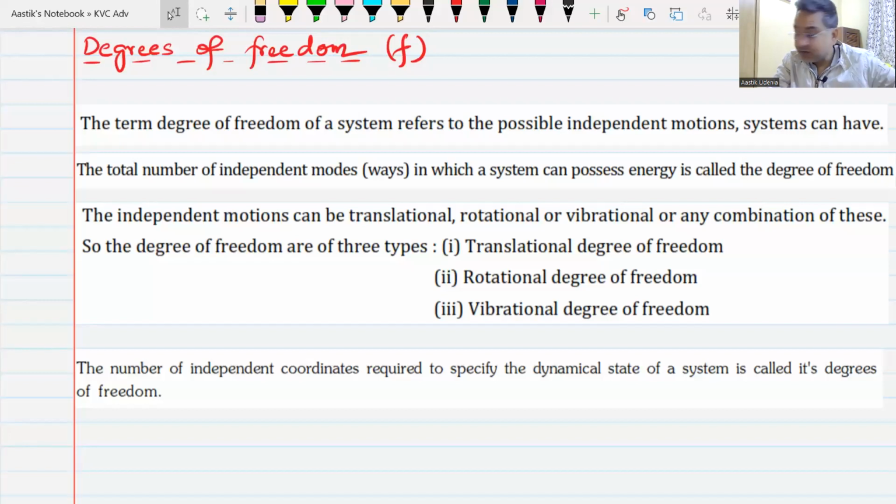For example, if a body is moving in a straight line, in one dimension, how many degrees of freedom will it have?